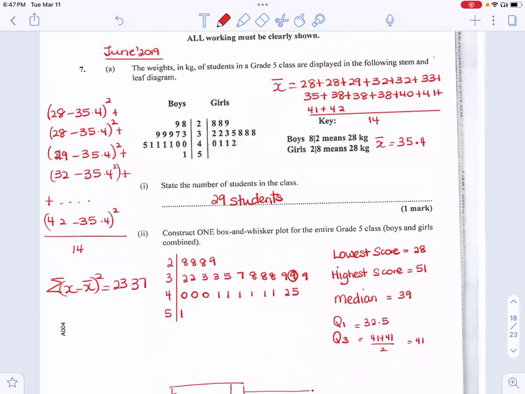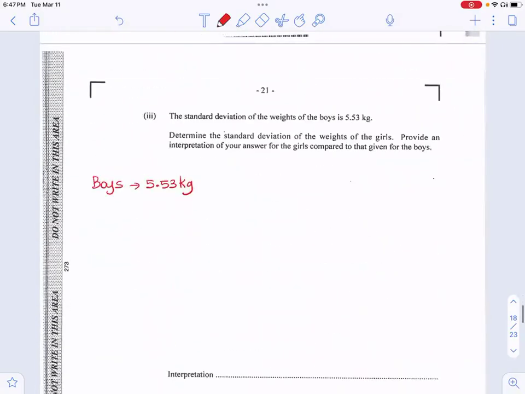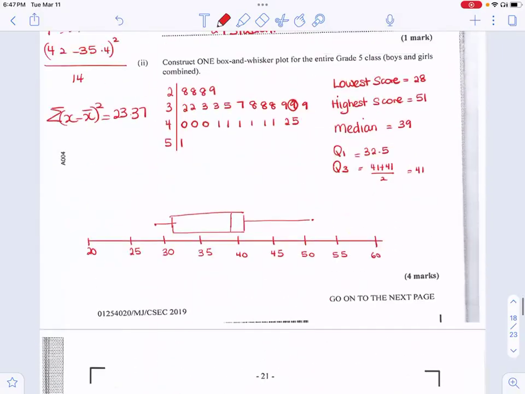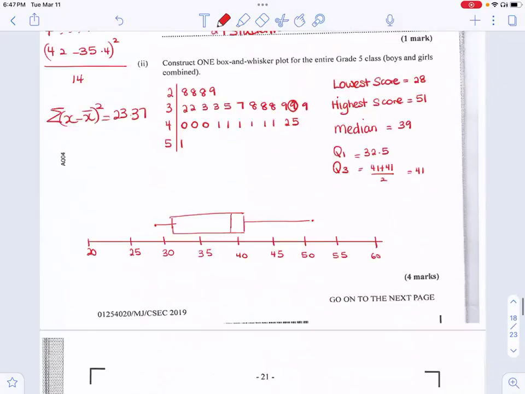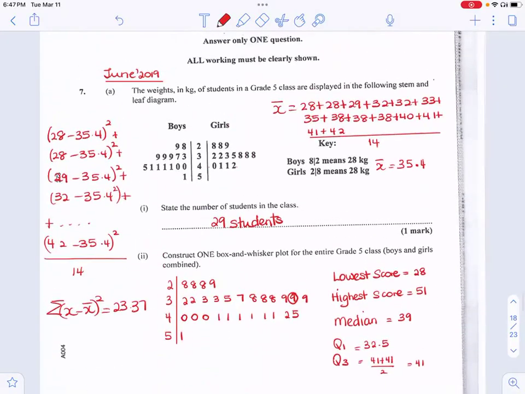Since you worked it out, I want you to think of a reason why the question says, provide an interpretation for your answer for the boys' standard deviation compared to the girls.